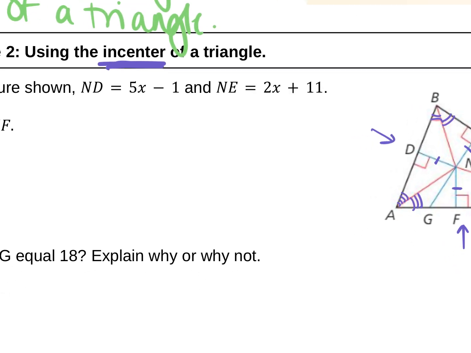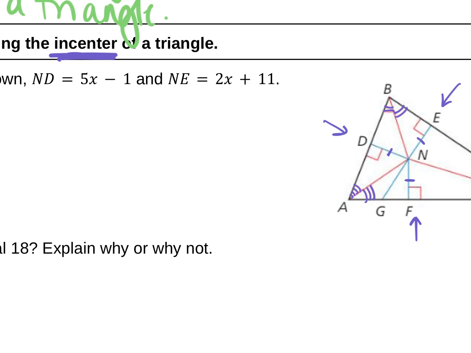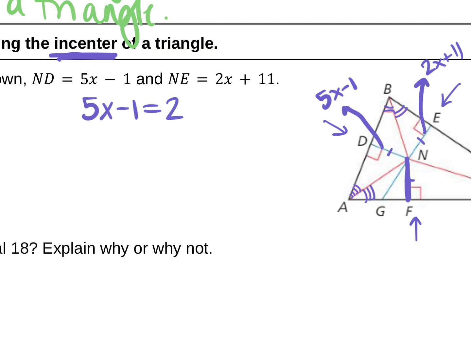So they gave us ND. They said ND is 5x minus 1, and NE is 2x plus 11. And they want to know what is NF. What could I do, Deva? That's right. The theorem tells us they're equal, so we're going to set them equal to each other and then solve for x.